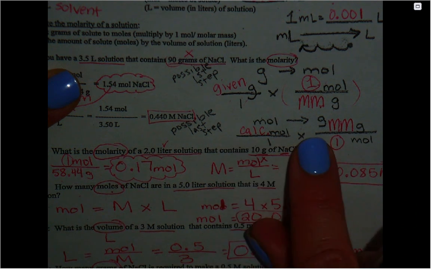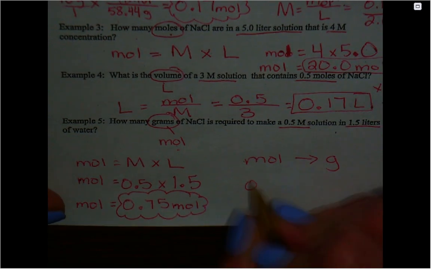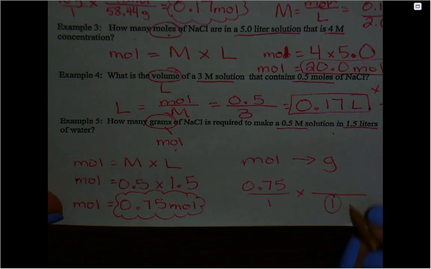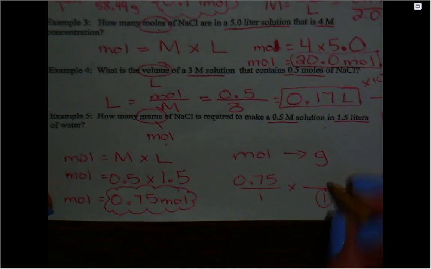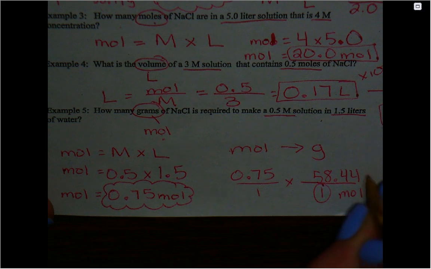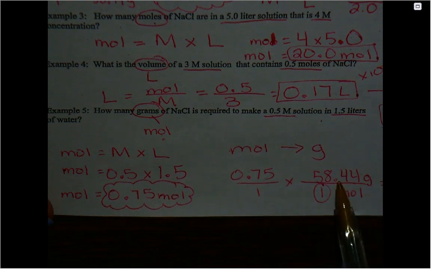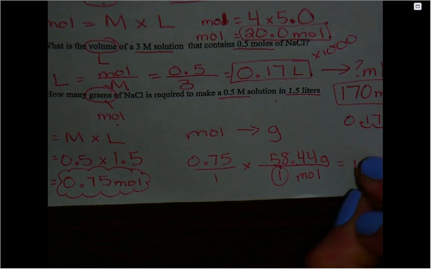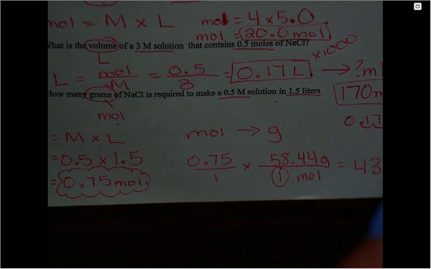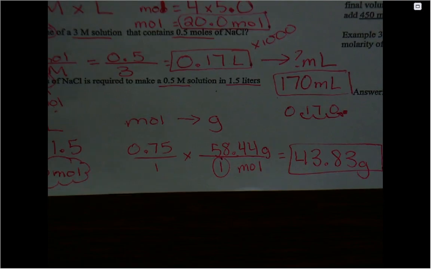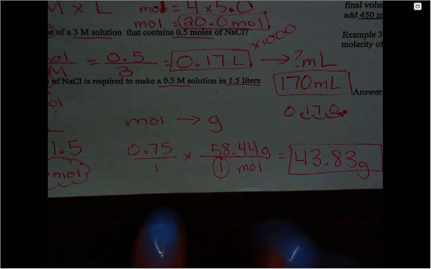So 0.75 over 1, times 1 mole at the bottom and the molar mass of sodium chloride, which is still the same, 58.44 grams. Multiplying those, your final answer will be 43.83 grams.